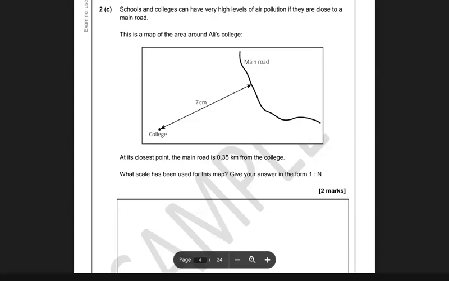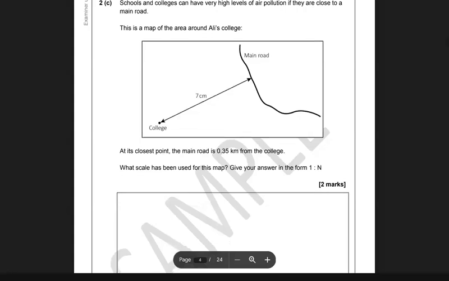So 0.5 kilometers, you have to convert that one. 0.35 kilometers equals 350 meters, multiplied by 1,000. Then to centimeters by 100, that gives you 35,000.